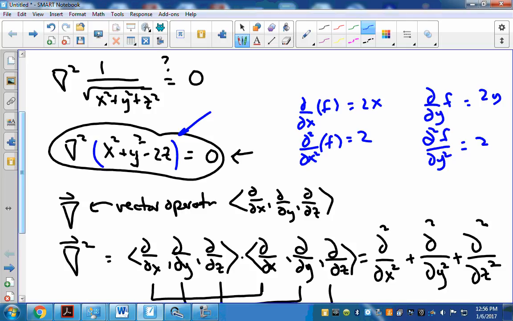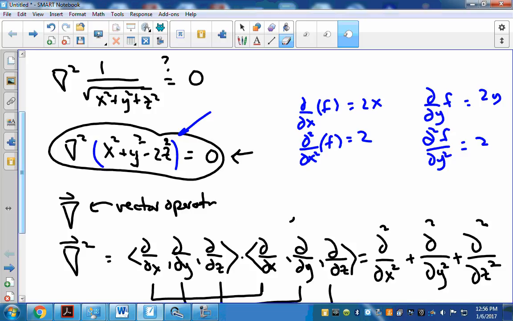And then the third, I guess I got to copy the problem down, right? Okay, and then the third second partial we have to do is the partial with respect to z. So we could do that. Let's see, the partial with respect to z of f works out to be minus 4z.